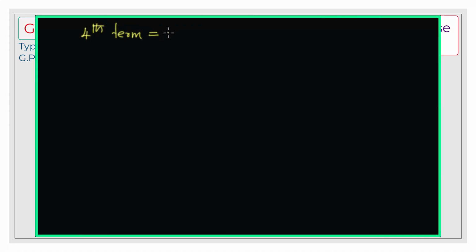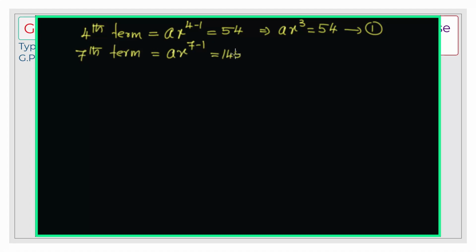So that means AR raised to 4 minus 1 is 54. So AR cube is 54, and we mark it as equation number 1. It is also given that seventh term is 1458. So in the same manner, we get the equation as AR raised to 6 is equal to 1458. We mark it as equation number 2.